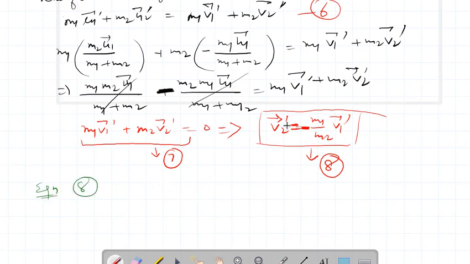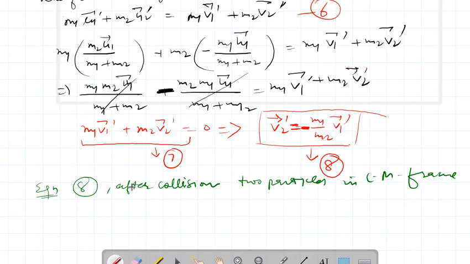suggests that v1 and v2 are acting along opposite directions, because here v2 is the negative of v1, right? So this equation shows that after collision, the two particles in the center of mass frame move in opposite directions.